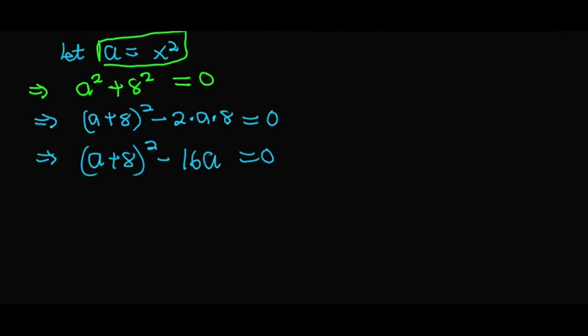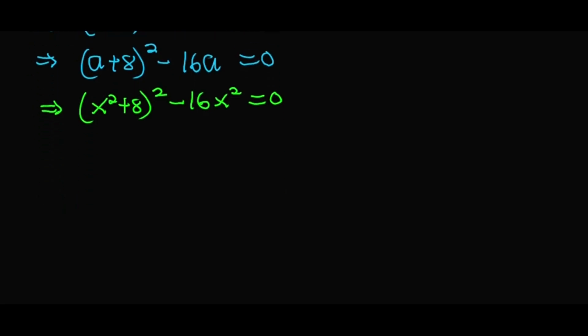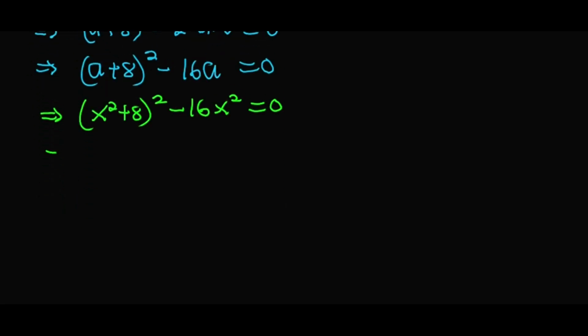So in place of a we can write x squared. So this implies we have x squared plus 8 squared minus 16 times x squared equals 0.